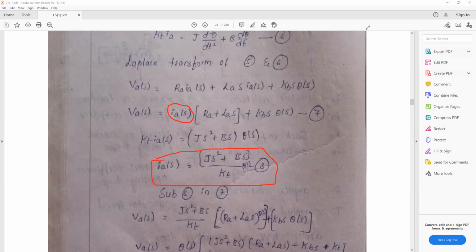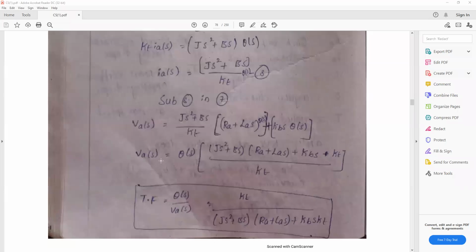And the equation, theta of S by VA of S: theta of S is common.